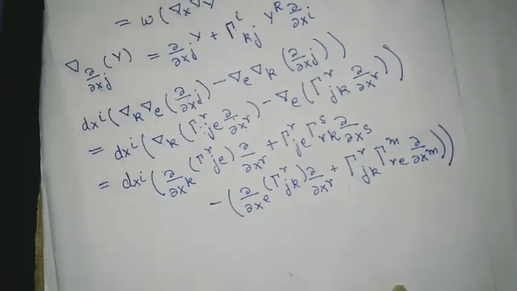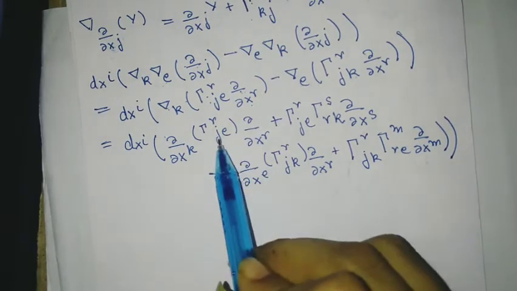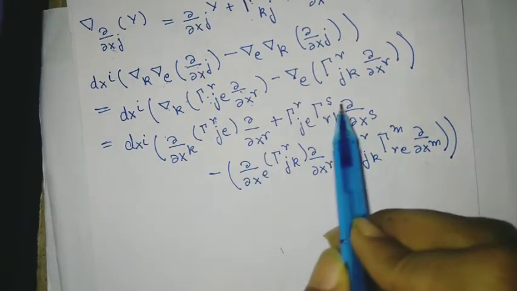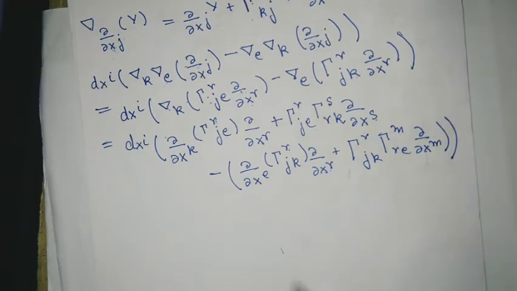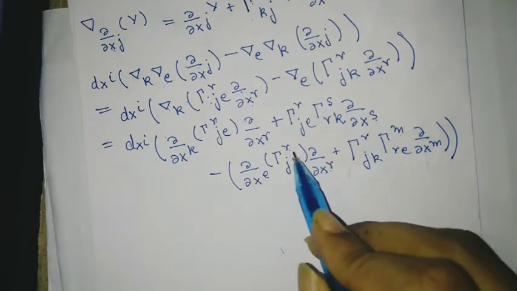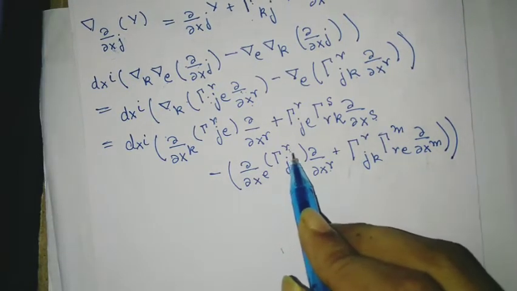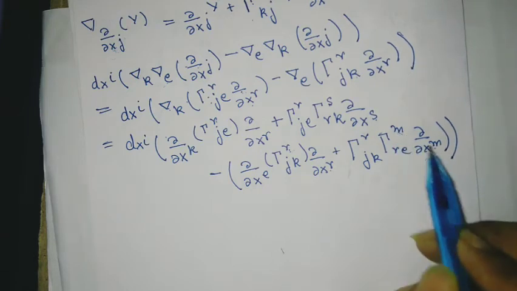So I have evaluated everything. Now you see, as I am summing over r, I am summing over s, I am summing over here also r. Anyway, I am summing the index, so it won't be a problem. And here I am summing over m.